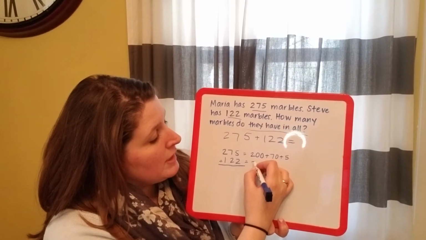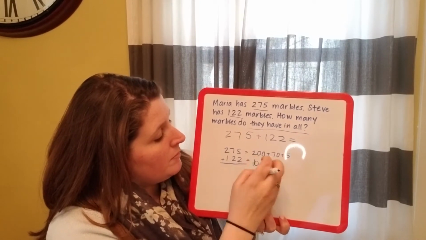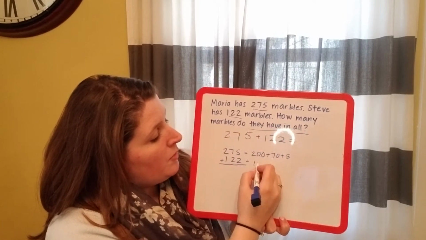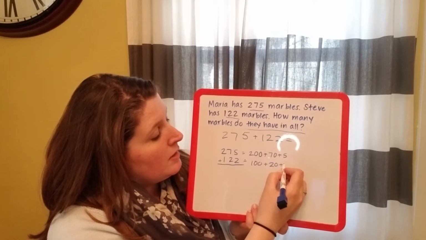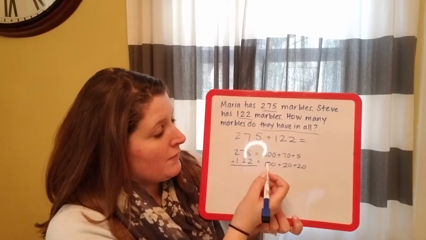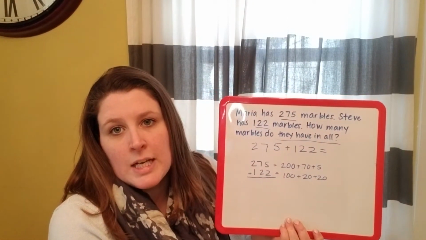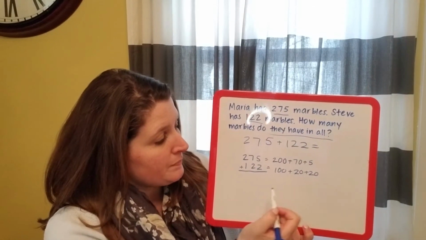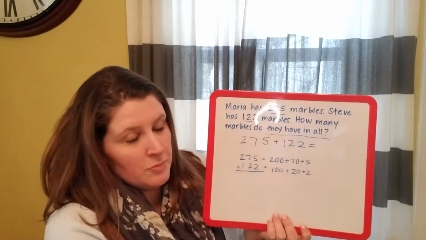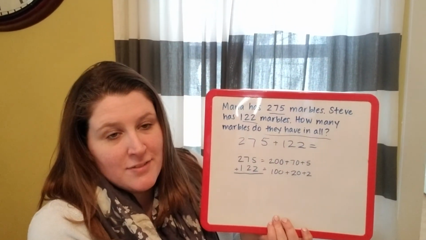So 122 would equal 100 plus 20 plus 2, and 275 you can see is 200 plus 70 plus 5. This helps students to really understand that each of these numbers is actually representing these larger numbers. So what we're going to do next is actually add each of these different areas.